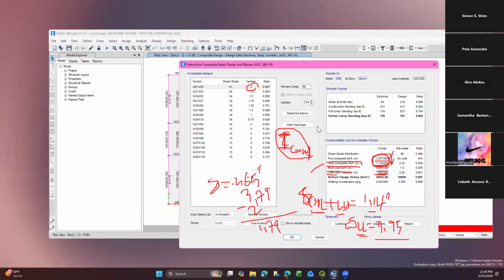So you could think of it, initially the beam is upturned with camber. When you pour the concrete, it's going to level it, and with SDL and live load deflection, it'll go like this, right?